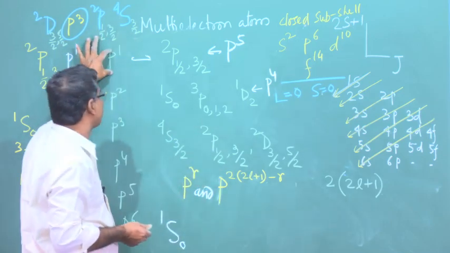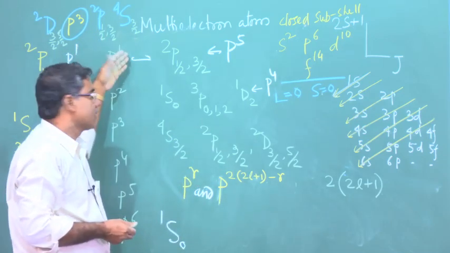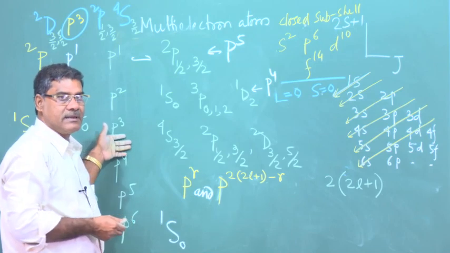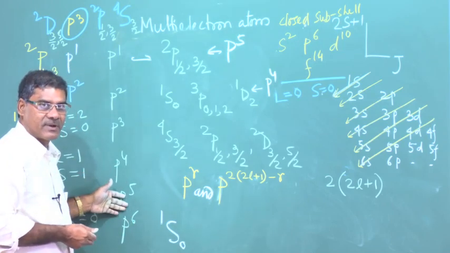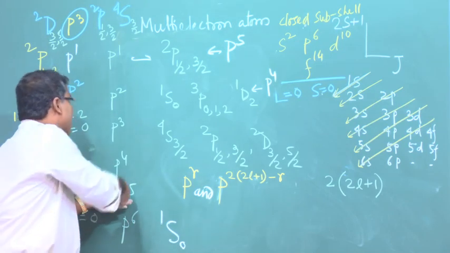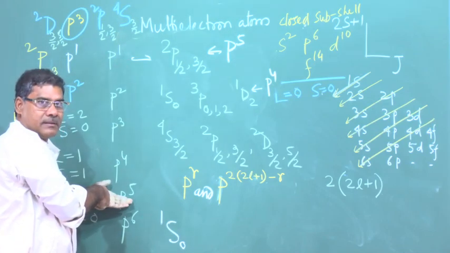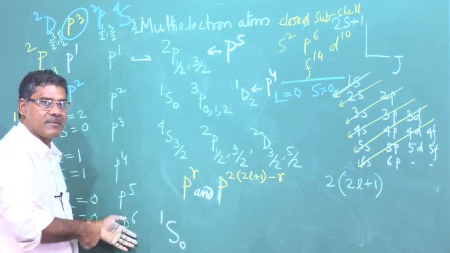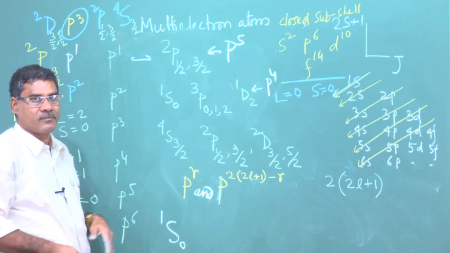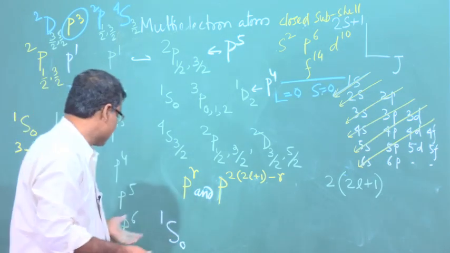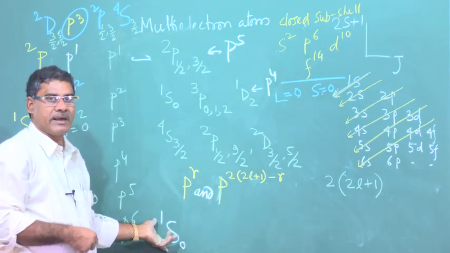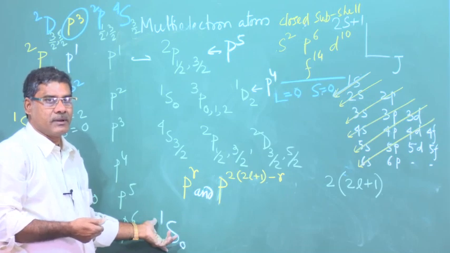Similarly for D, one can calculate, I will not calculate. So D is D1, D2, D3, D4, D5, right. If you calculate up to D5, then D6, D7, D8, D9, D10. D10 obviously is the same 1S0, L equal to 0, S equal to 0.